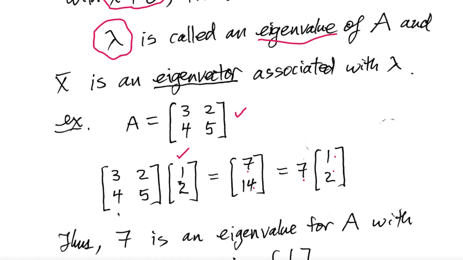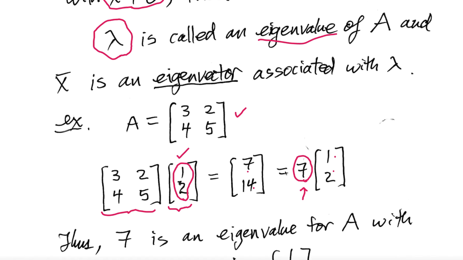So when that matrix A acted on the vector 1, 2, it just ended up multiplying it by 7. Now that usually doesn't happen. If you just take some arbitrary vector and multiply it by 3, 2, 4, 5, generally you're not going to get a multiple of the original vector.